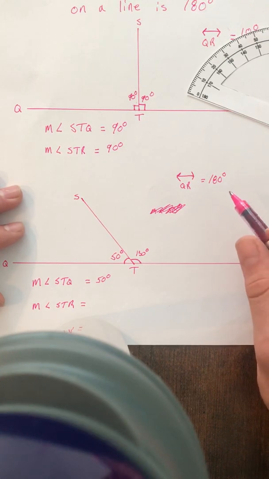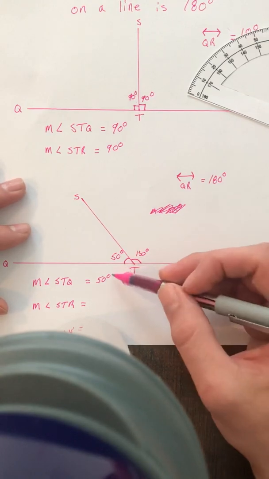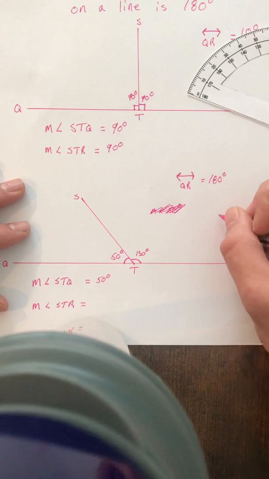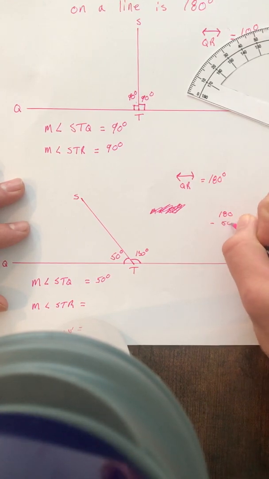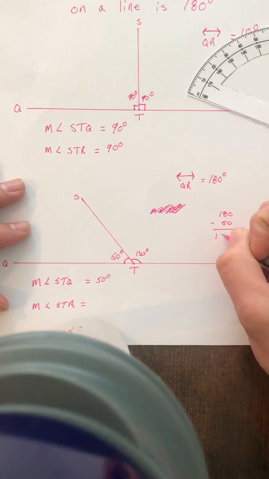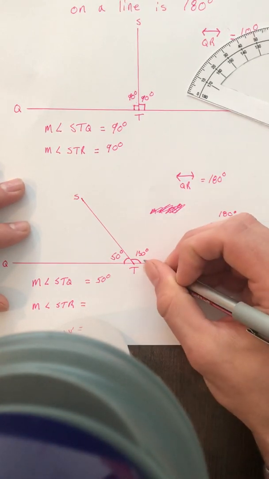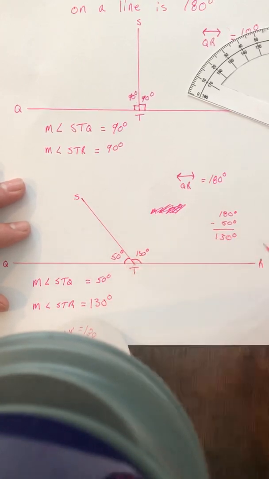So I can do mental math in my head where I know that 50 plus 130 is 180, or I can also subtract 180 minus 50, and I can get 130. So I know that the measure of this angle is 130 degrees.